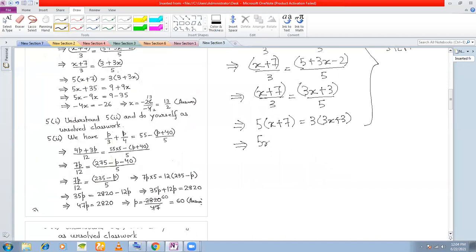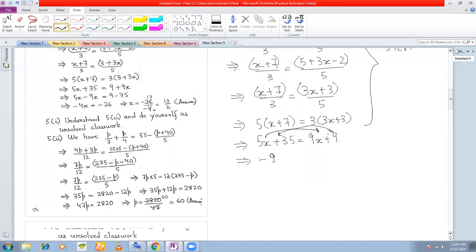So first we multiply. 3 into 3x is 9x plus 3 into 3 is 9. Now 5x is here. We want to move 9x to this side, right? Now just for a change, instead of moving to the left hand side, let us move 5x to this side, and let us move this 9 to this side.